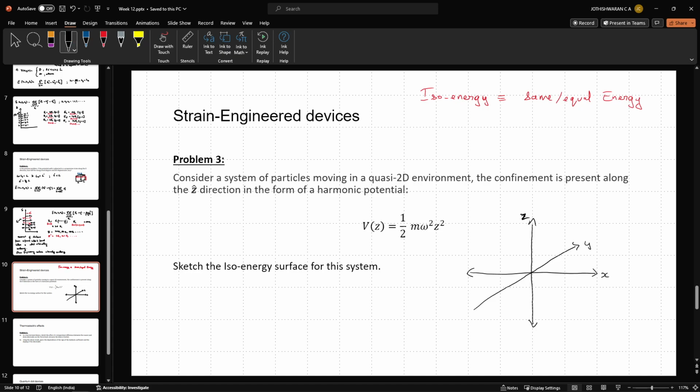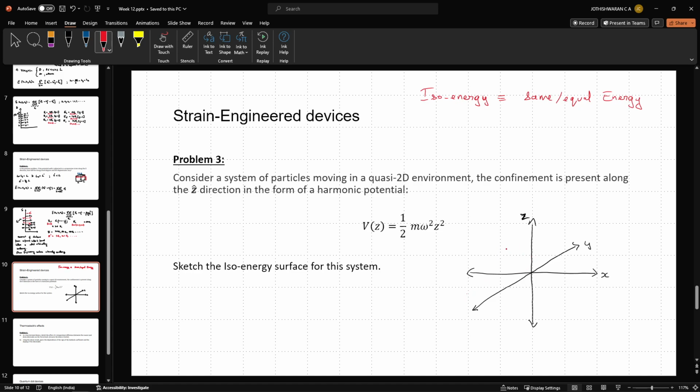Yes. So now what is given in the question is the particle is free to move in the xy direction. So there is some kind of a confinement in the z direction alone.